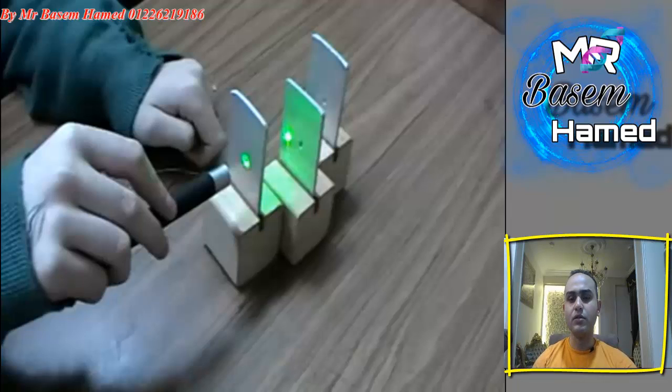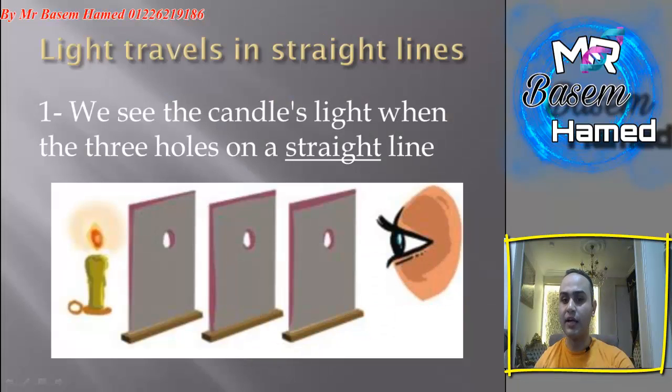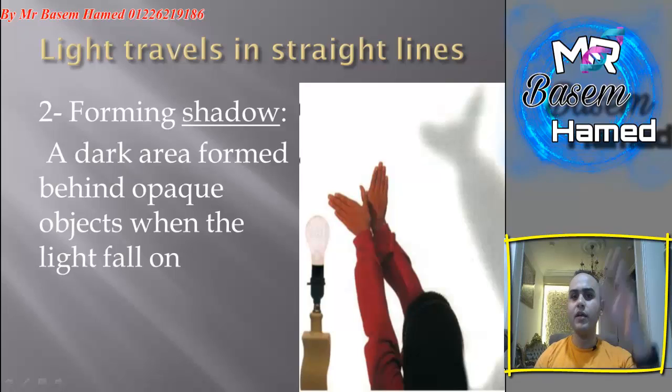So light travels in a straight line, not in a curved or zigzag path. So this activity proves that light travels in a straight line.